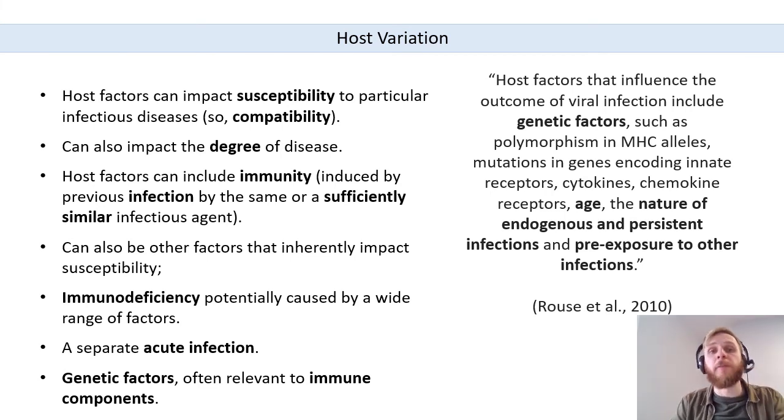And the clearest one is the idea of a previous infection that we talked about. So some individuals, by virtue of being previously infected by a particular infectious agent, will have a degree of protection. And again, we're not saying 100% protection, and we're not saying permanent protection either necessarily, but a degree of protection is pretty usual to see, really. So that's something we need to be aware of. We also do need to be aware of the idea of immunodeficiency or immunosuppression. This can occur as a consequence of other infections.